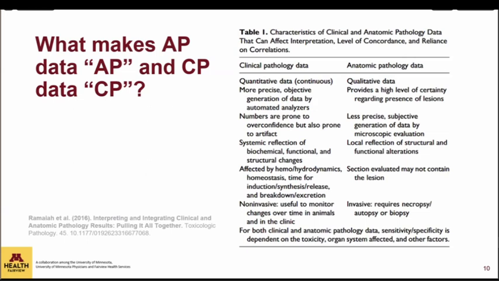It is more, I would say, objective, automated and sometimes auto verified. And because it tends to be done on blood or fluid samples, the clinical values it provides give a global snapshot of the status of the individual at that time.